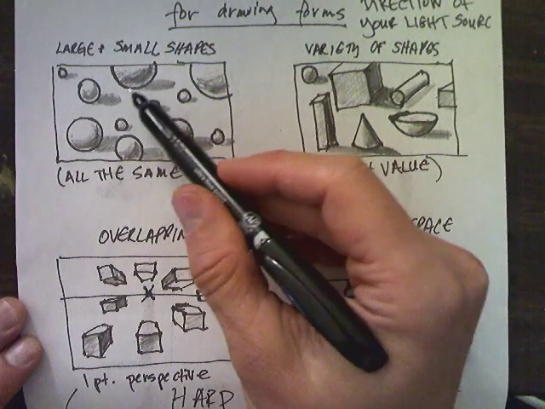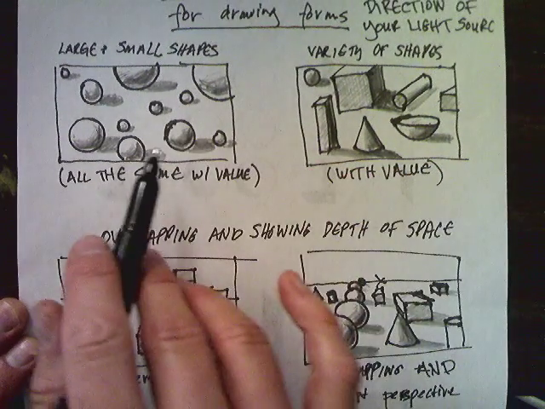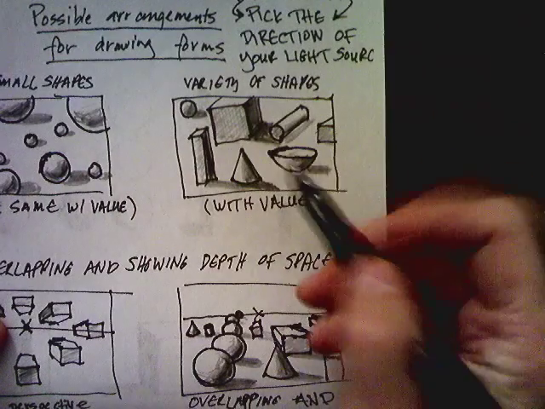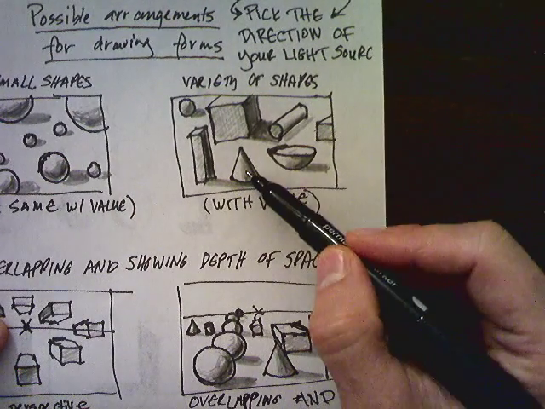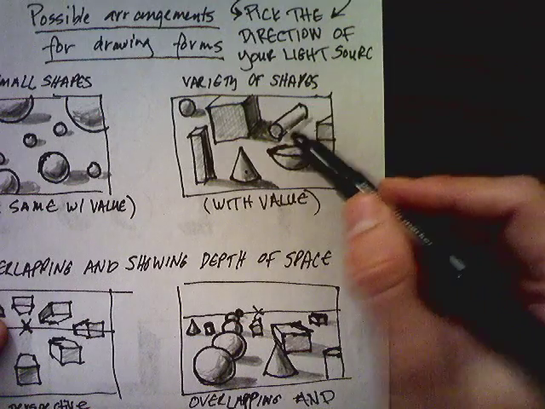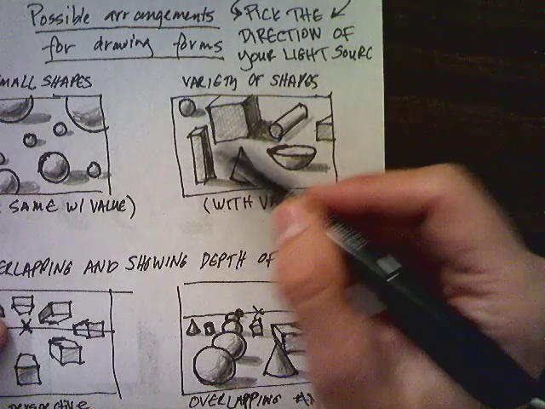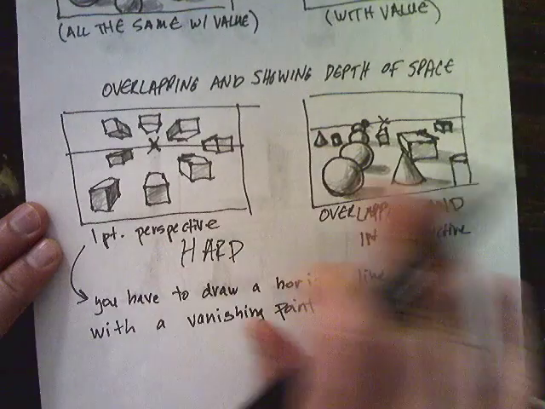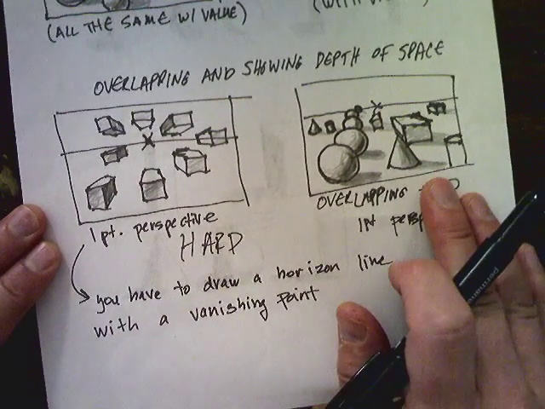One of the options is large and small shapes together, all with the same value. Another is a variety of shapes. I've got a cone, I've got a bowl, I've got some kind of tube here, a couple different types of cubes, sphere. These options right here are a little bit harder. They're not impossible.